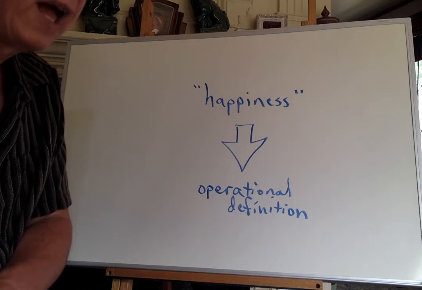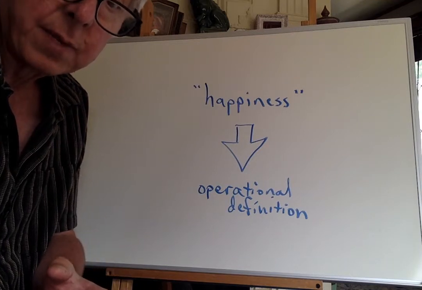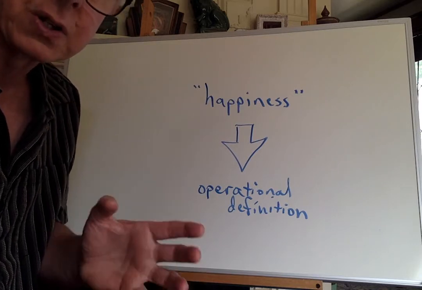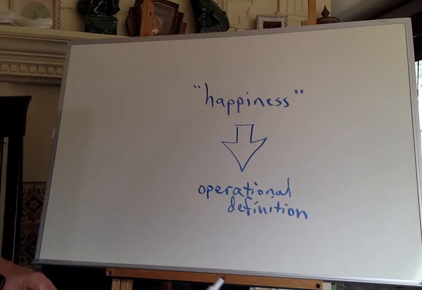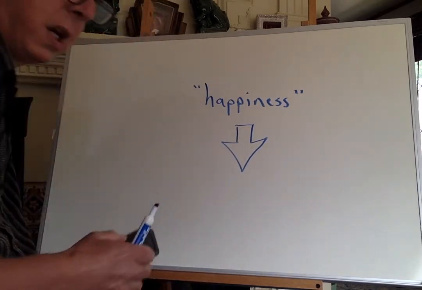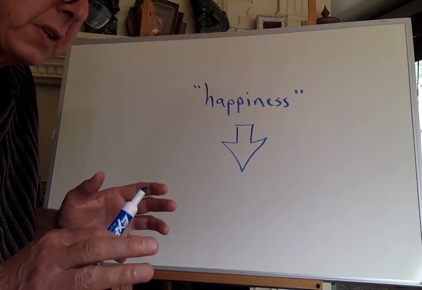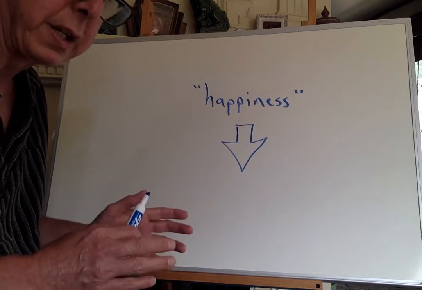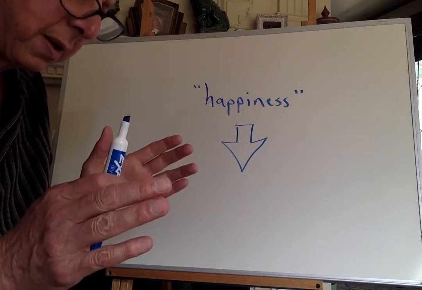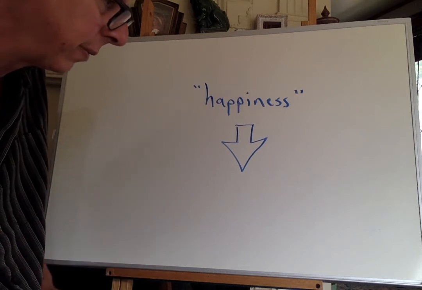So how would we know how happy someone is? Well, let's not make this more complicated than it needs to be. One of the things we could do is just ask the person, okay? So one way that we could do an operational definition to measure happiness is to say, well, and in this case, again, it all gets more complicated, but as long as we start off knowing what we need to do and sort of analyze this and think it through, the better off we're going to be when we do that.